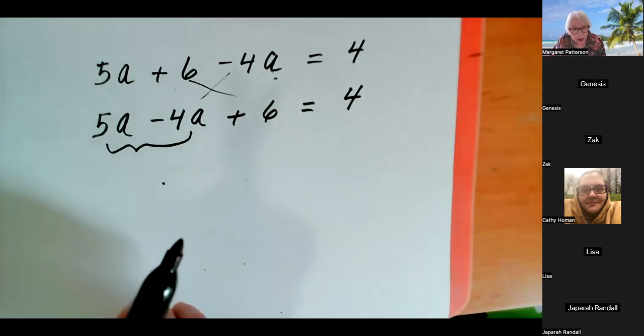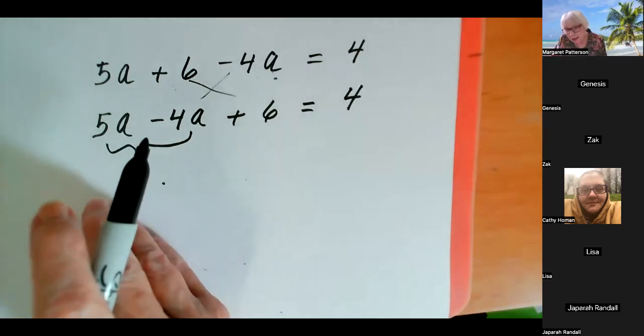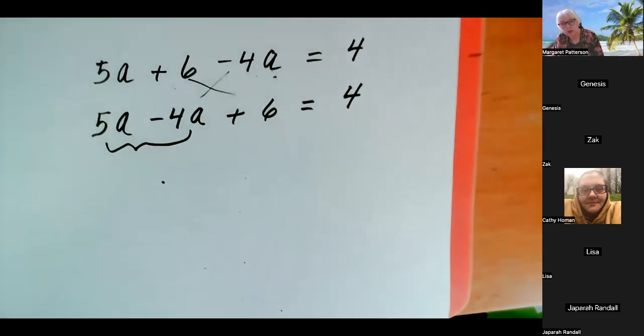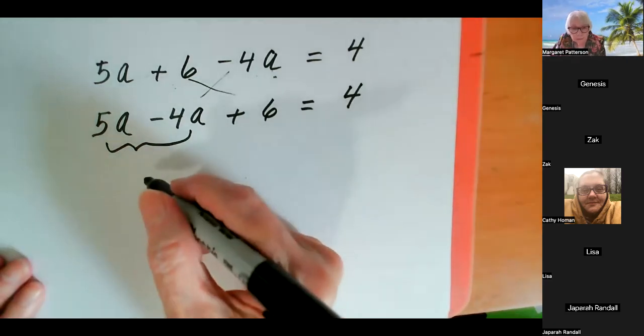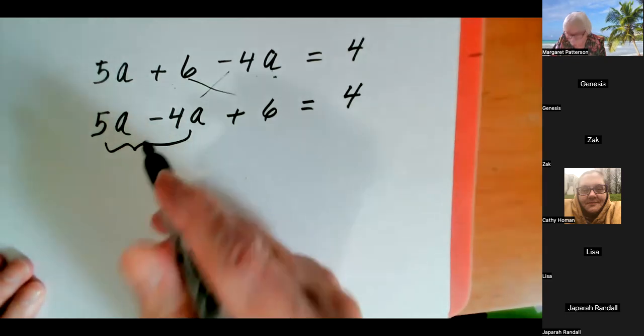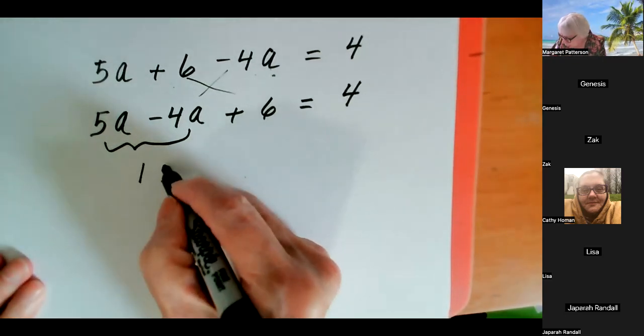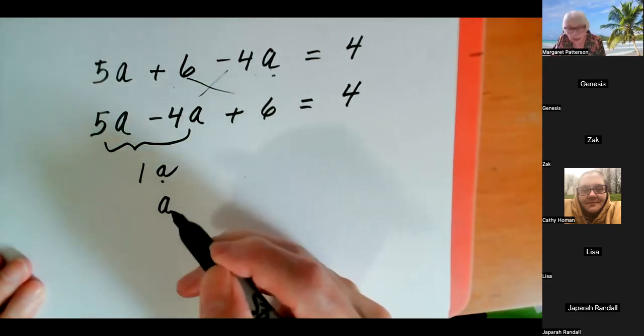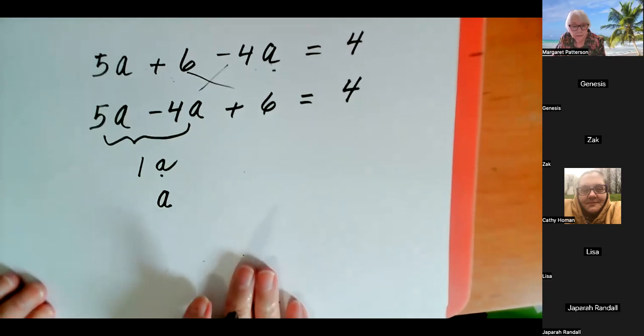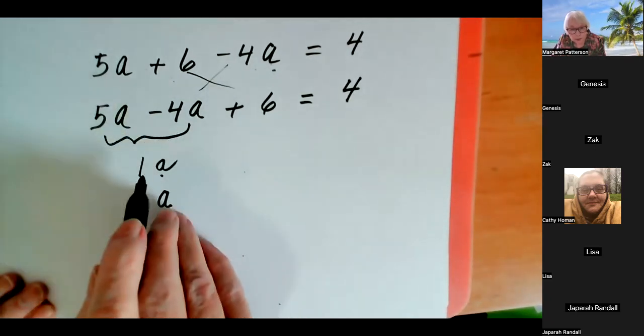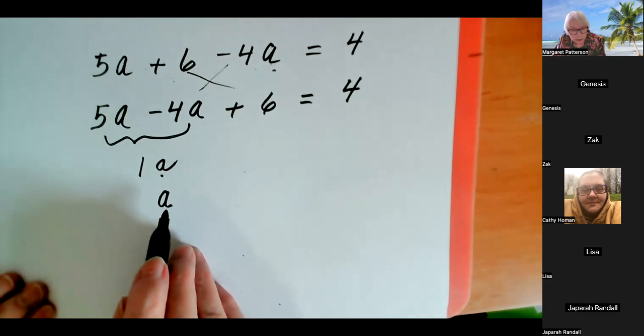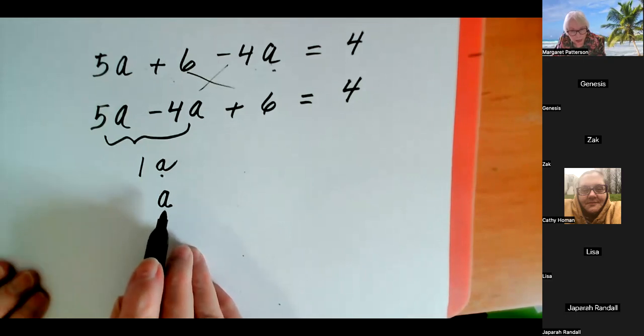And if you want to make it concrete, if you're thinking it's 5 apples, take away 4 apples. How many are left? 1 apple. And so 1 apple is really just A. Right? 5 take away 4 is 1. And chances are we would write it as just A.